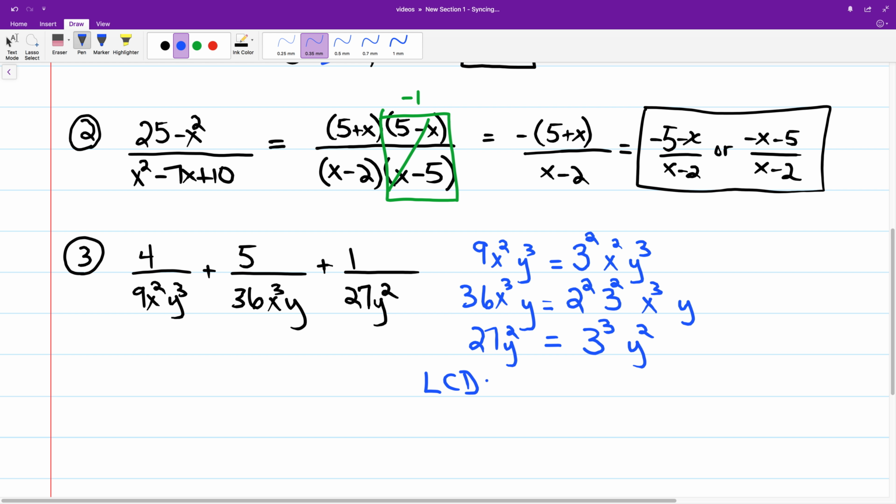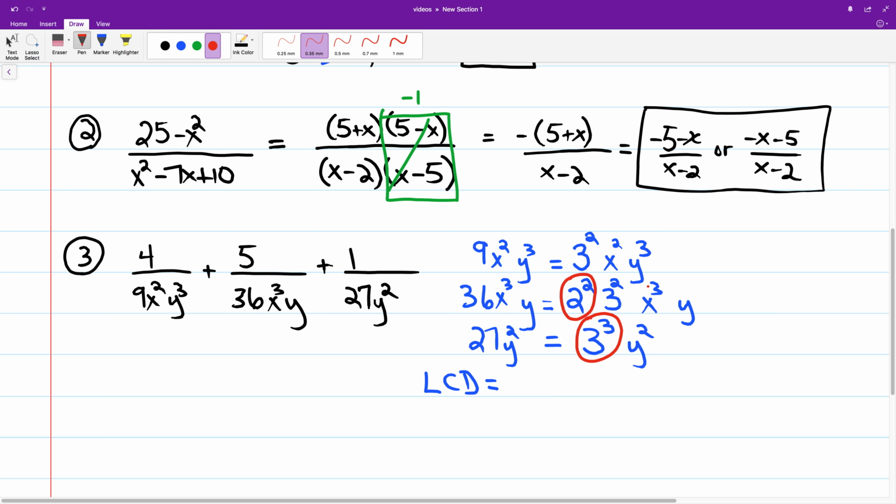For the least common denominator, we're looking at the highest powers of each prime factor as well as the variable factors. So with the factor of 2, this appears at most to the second. Also for 3, the highest power is 3 to the third.